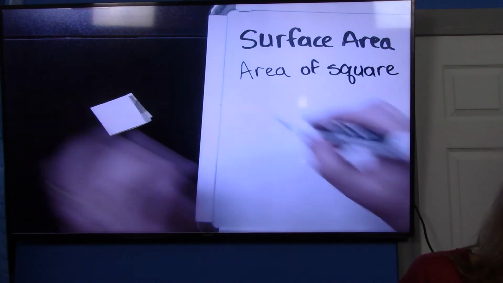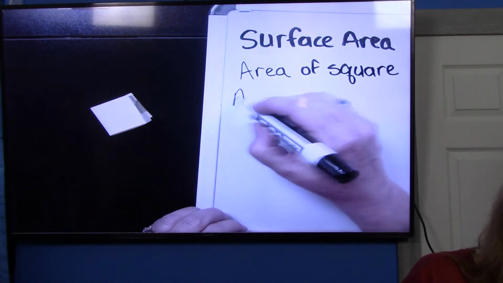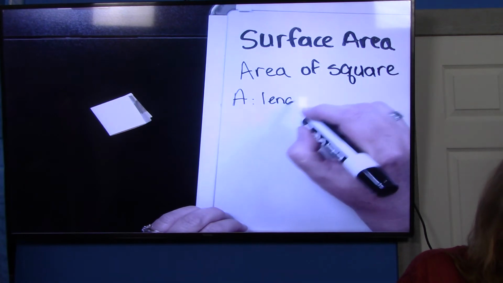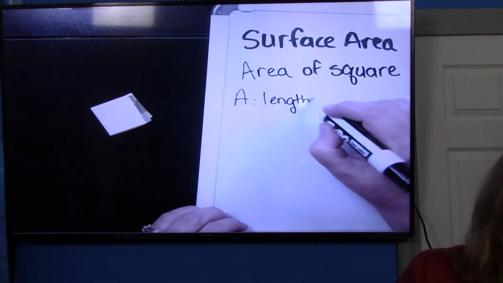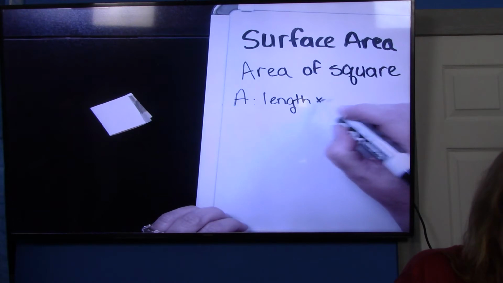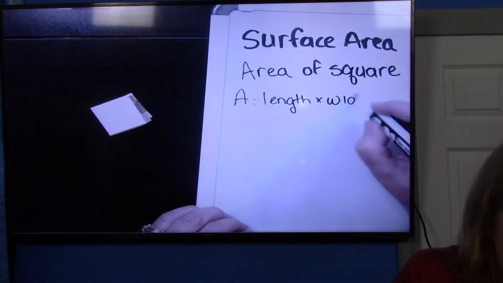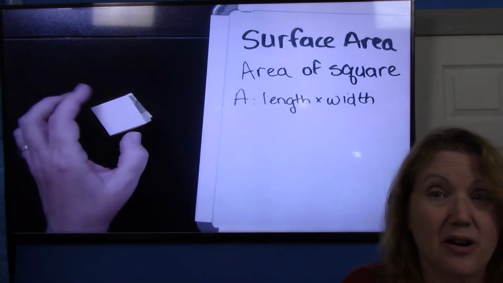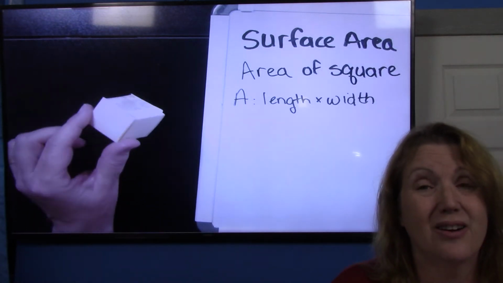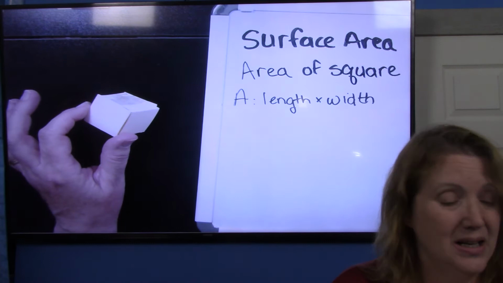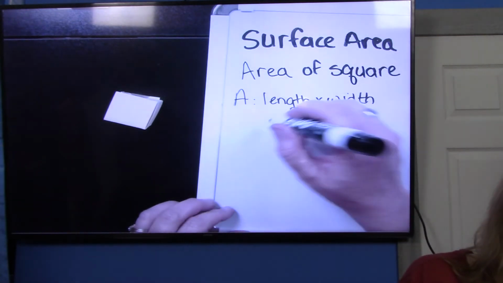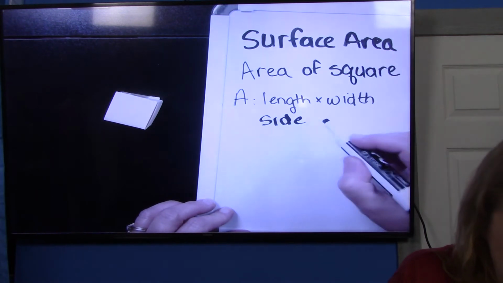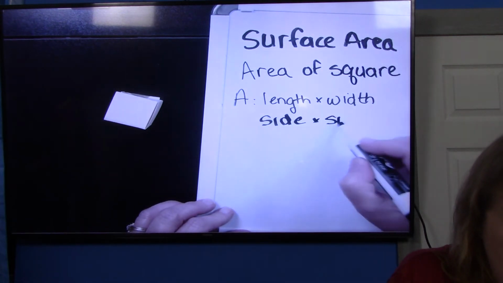The area of the square, we say, is length times the width. But we notice something a little bit different when it comes to a square. The length and the width are exactly the same. So instead of writing length and width, a lot of times you'll see people just say it's the side times the side.